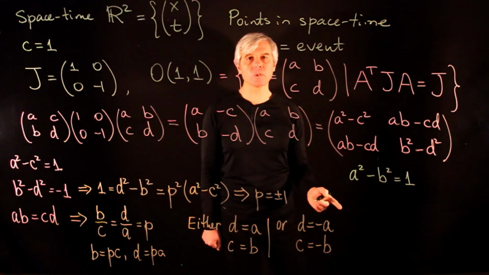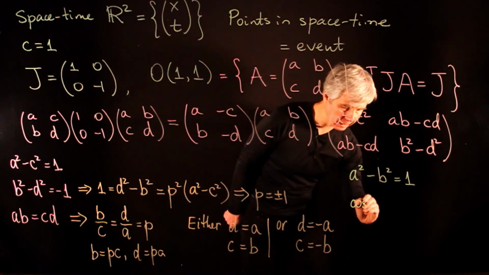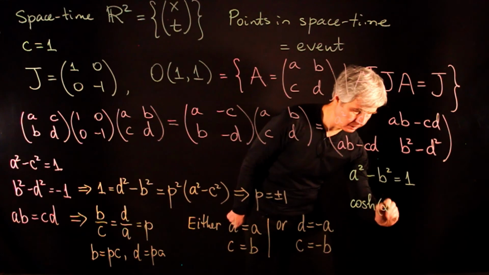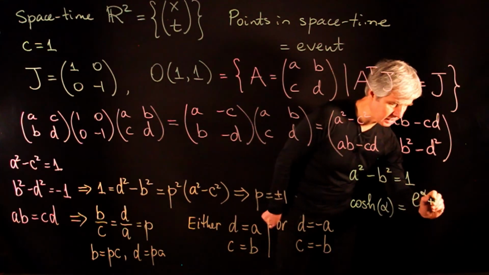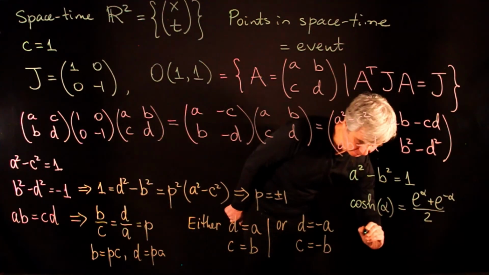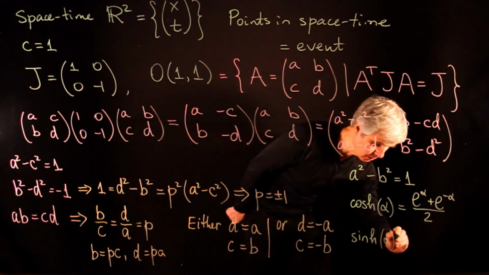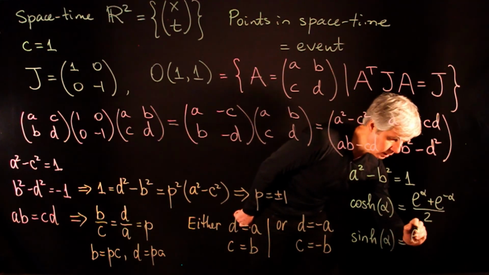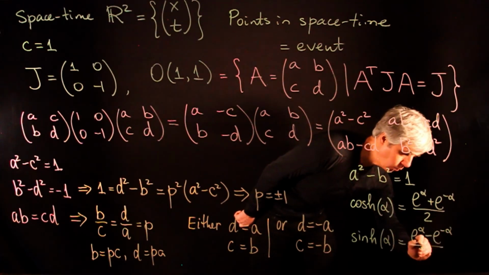Here we need to use hyperbolic trigonometric functions, where cosh of alpha is defined as (e^alpha plus e^(-alpha)) over 2, and sinh of alpha is equal to (e^alpha minus e^(-alpha)) over 2.